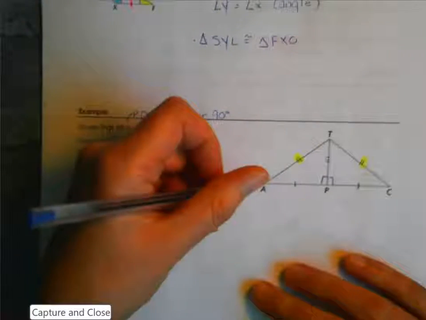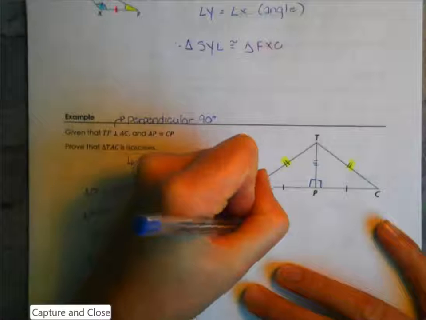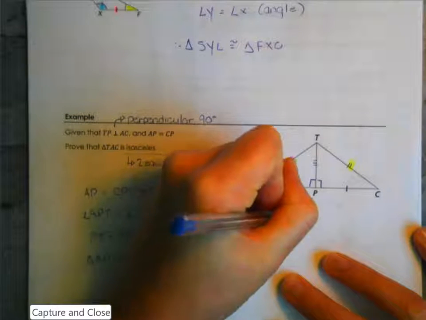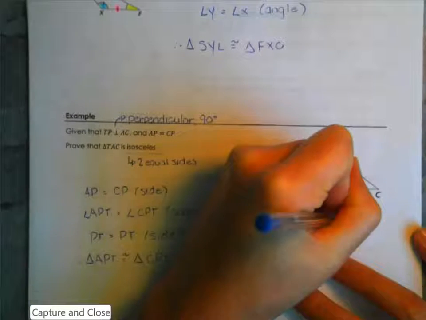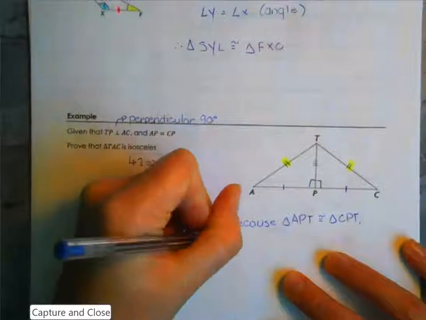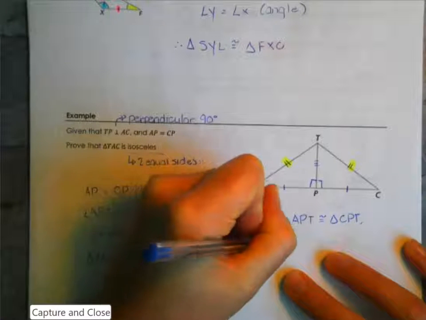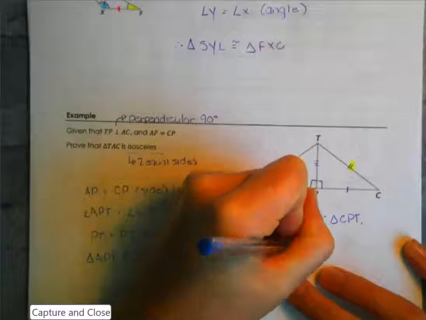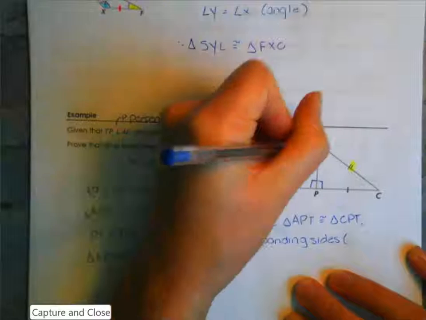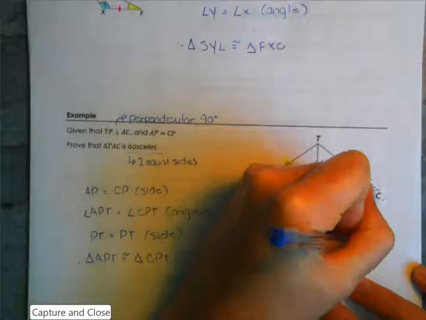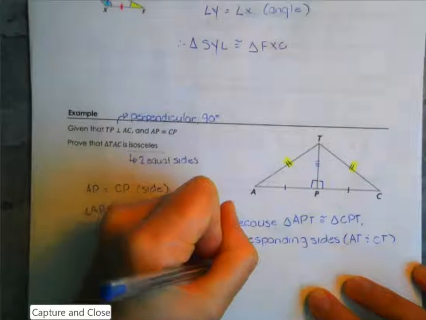And so basically what we can say is, because triangle APT is congruent to triangle CPT, corresponding sides are equal. So corresponding sides, in this case, it's AT and CT are equal.